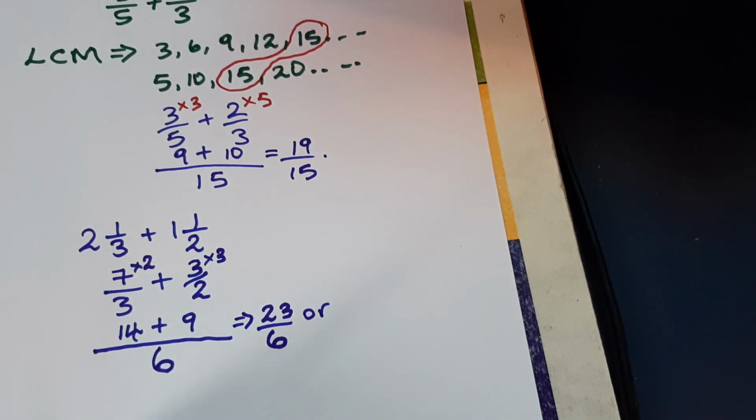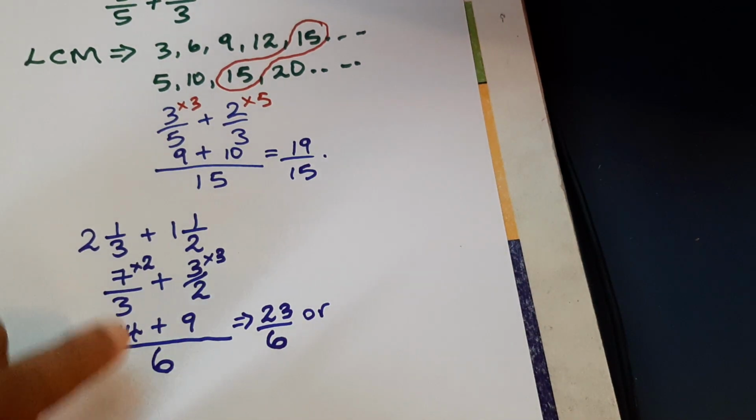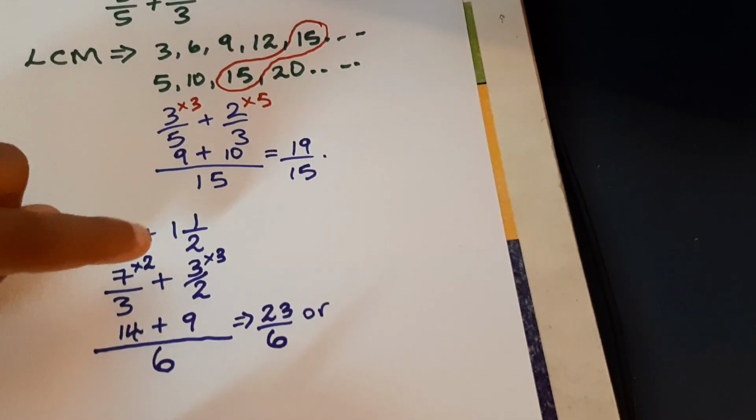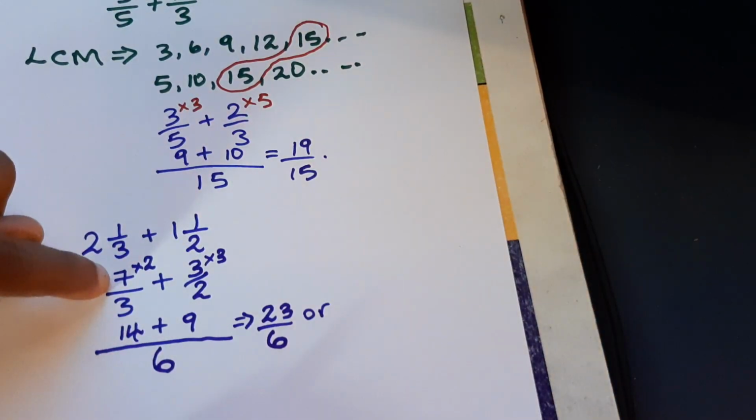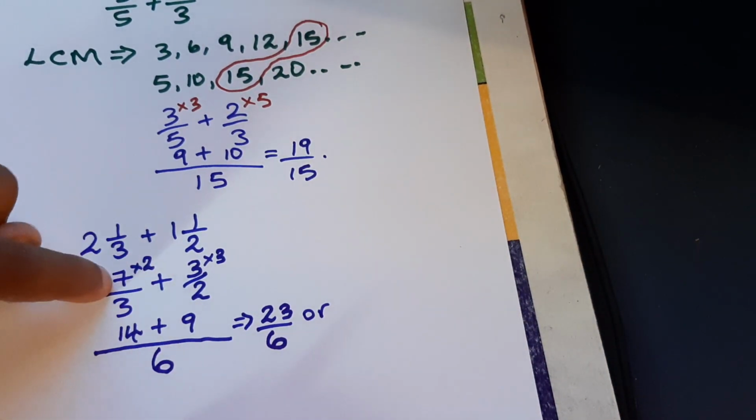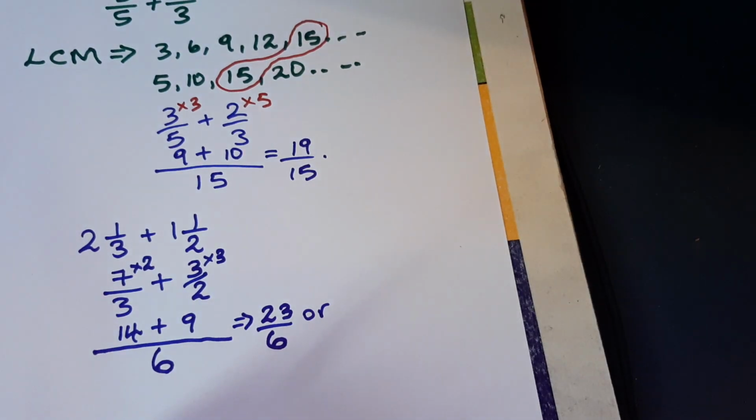So after finding out that 6 was the LCM, what did we do? We divided that 6 by the denominators of each of the fractions. We said 3 into 6 goes 2 times. And what did we do? We multiplied the numerator by the 2 that we got, and we got 14.